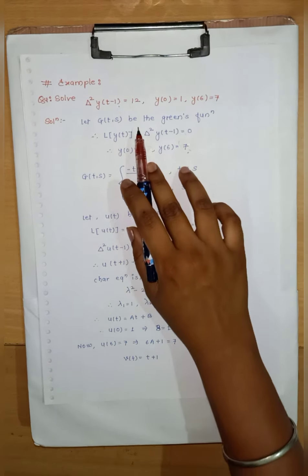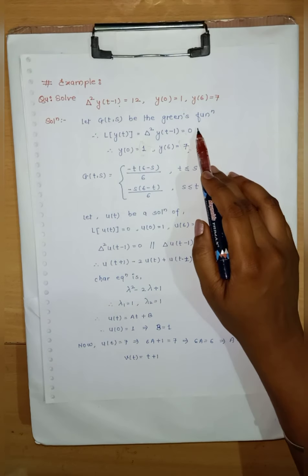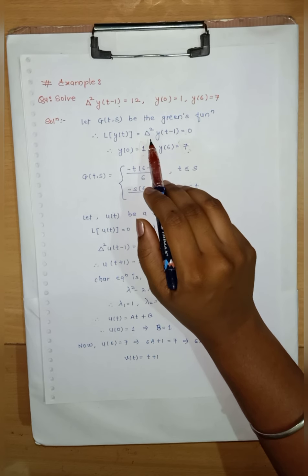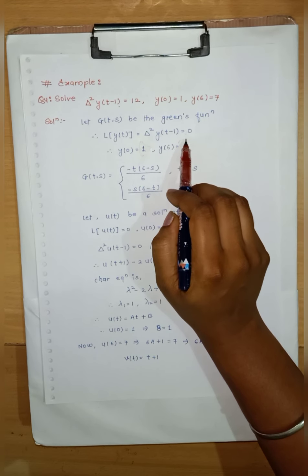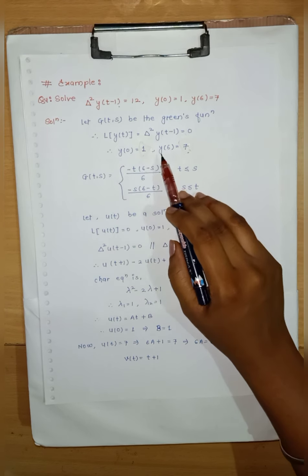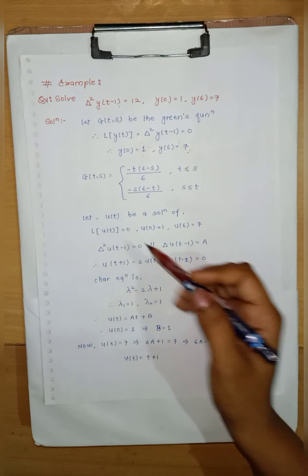Let g(t,s) be the Green's function. Let L[y(t)] = Δ²y(t-1) = 0 with y(0) = 1, y(6) = 7. These are the conditions we have been given.